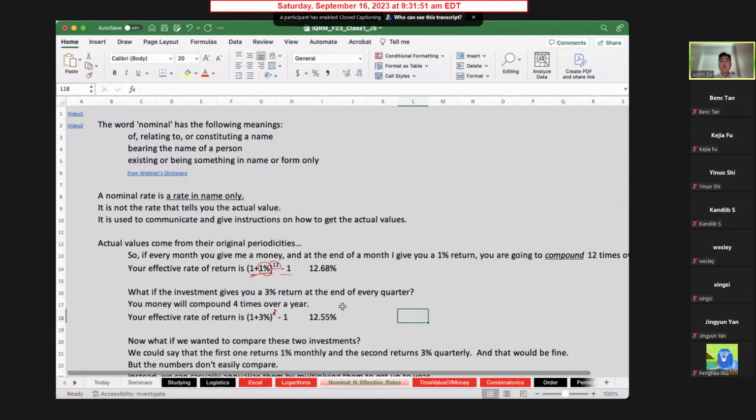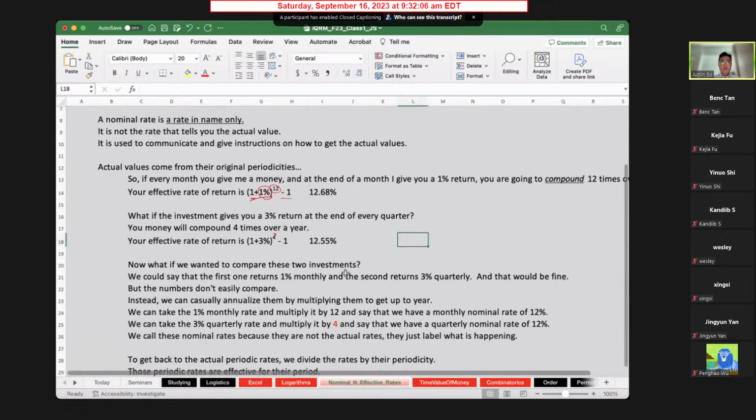So effectively, you are earning more than $12. But when the frequency of the compounding is higher, even though the nominal rates are the same, the effective rate is higher. That's how you can compare different investment methods or bank accounts, usually savings accounts that pay interest, by calculating the effective rate.